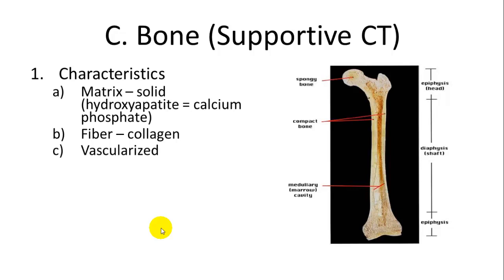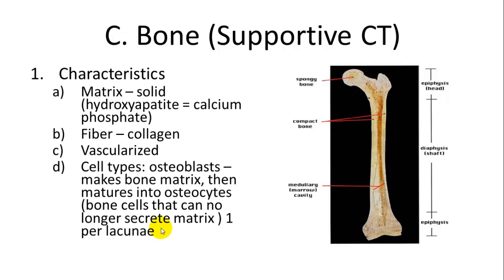It is vascularized. You do have blood supply going throughout your bone, and the cell types are different. You have osteoblasts, which make bone matrix. They make new bone. You have osteocytes, which are mature bone. So once they're done making bone, they mature into osteocytes. They still have a more communicative role in bone function.